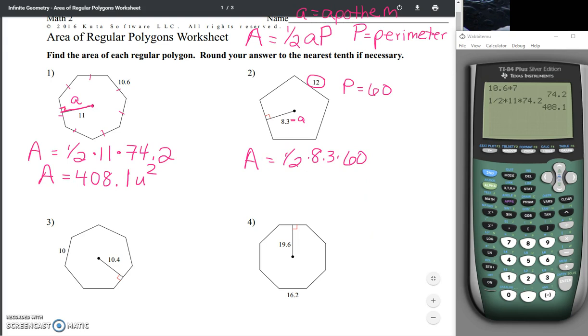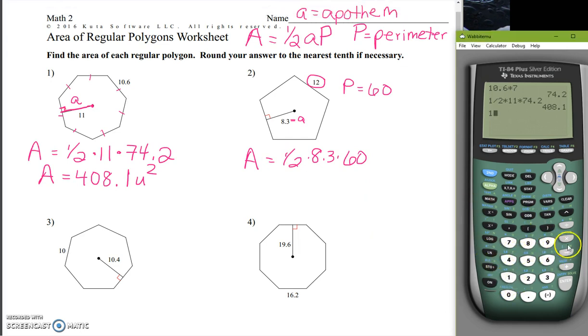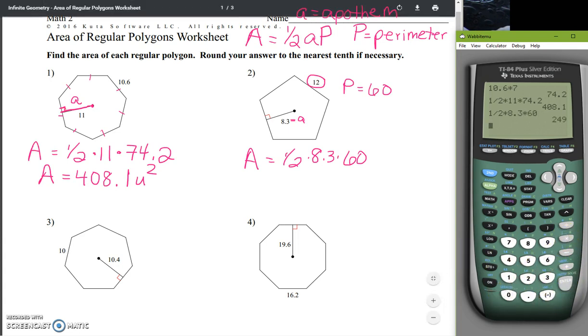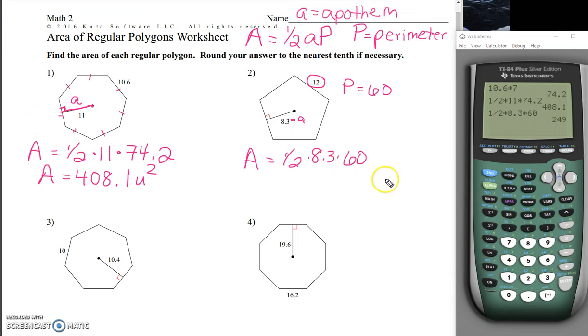So now I'm going to calculate that. I'm going to have 1/2 times 8.3 times 60, and that gives me 249. So my area is equal to 249 units squared.